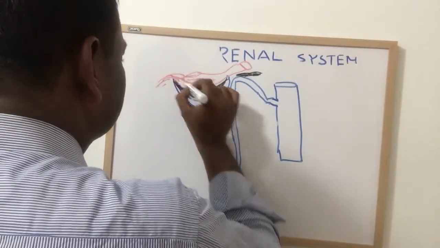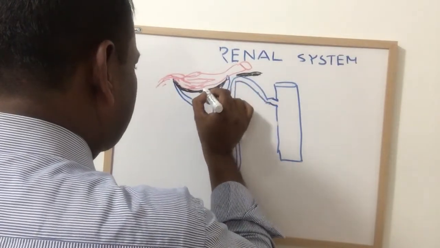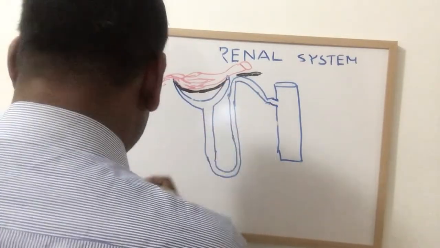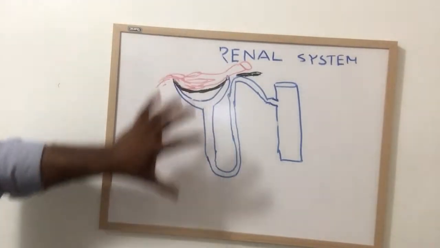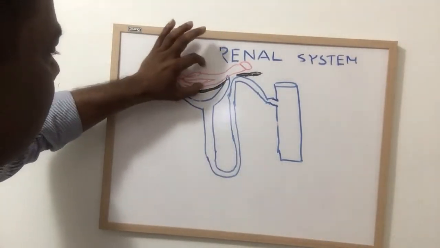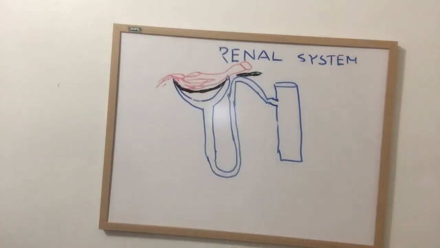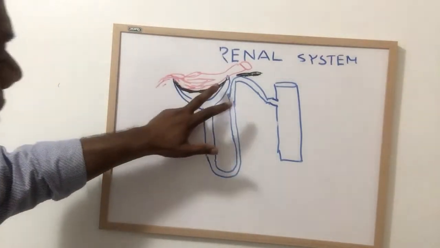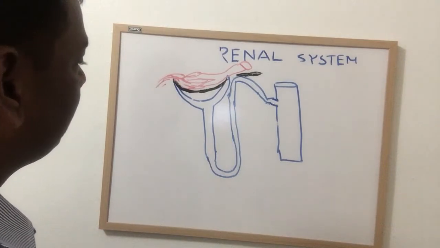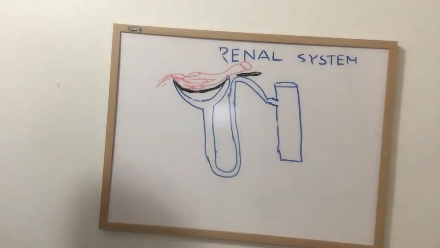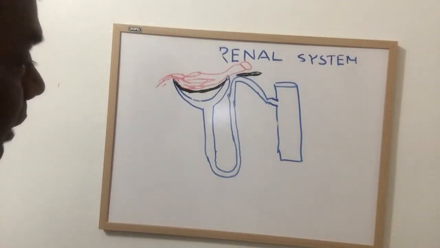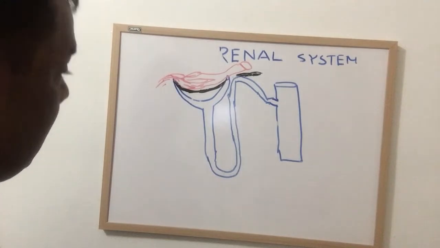This is basement membrane, and this is epithelium. So 3 layers here. One, the afferent and efferent arteriole. The second one, basement membrane. The third one is Bowman capsule epithelium.